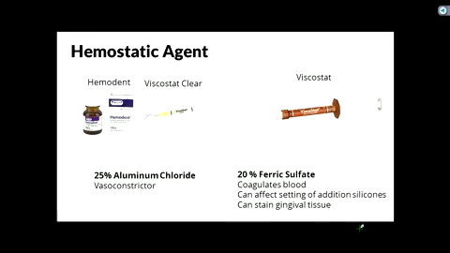Don't confuse that with Viscostat Clear. It coagulates blood. It can affect the setting time of some addition silicones and can stain the gingival tissue. So we tend to use this a little bit less. I would recommend using Hemodent or Viscostat Clear, which is our aluminum chloride material. So the idea is that you take a little cord, you put it in the solution, it soaks it up, and then you pack that cord into the sulcus.